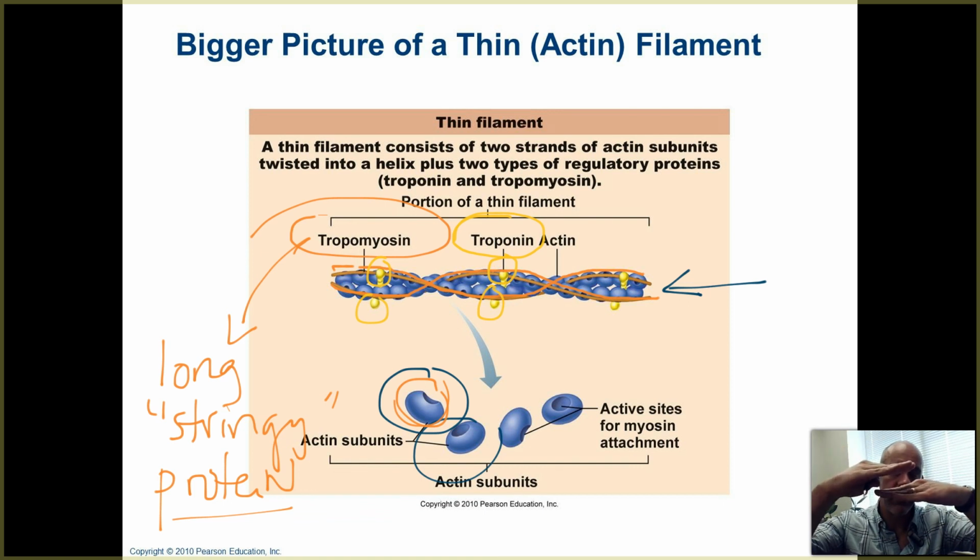They come together, and then they're going to slide across each other. And that's what makes a skeletal muscle contract. And that sounds really simple, but it's actually a pretty complex story for how all that works, and that's what we're going to be learning about most of the time here in the first part of Chapter 9.